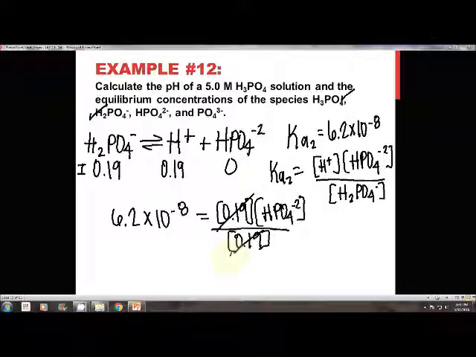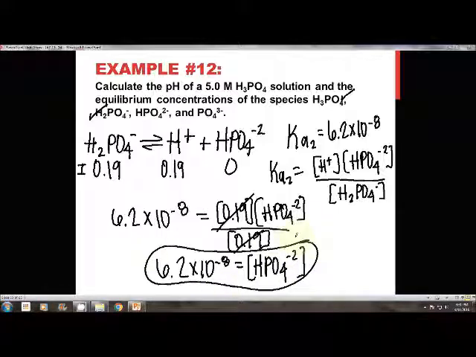So this is telling us that 6.2 times 10 to the -8 is what our HPO4 minus 2 concentration is at equilibrium. So there's our 3rd out of 4 answers.